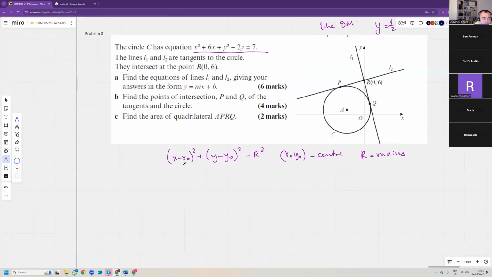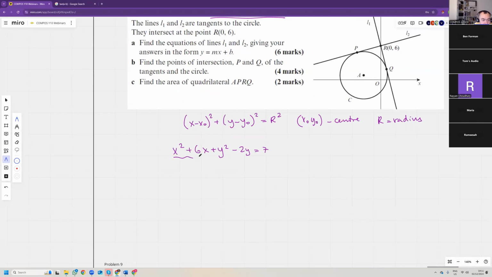So if you take this equation, x squared plus 6x plus y squared minus 2y equals 7, you can complete the square here, and you can complete the square here. This is going to be x squared plus 6x. So completing the square, x plus, we're missing 9 here to complete the square, plus y squared minus 2y plus 1.